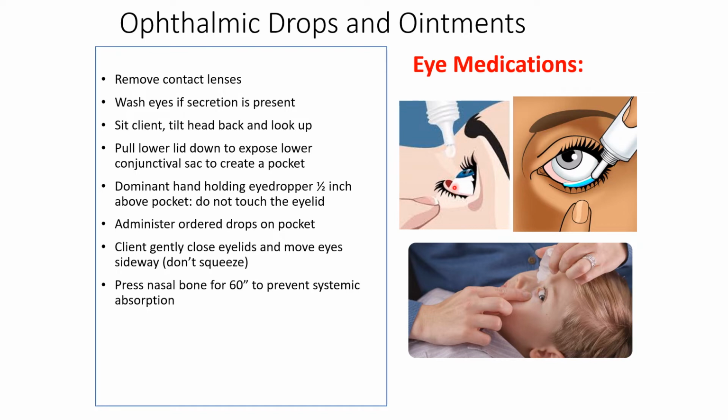Then you make a pocket by pulling down the lower eyelid and allow the drops to fall in the pocket. When the drug is in the pocket, either ointment or drop, you ask the client to close the eyelids gently, no squeezing, and move the eyeball to distribute the medication.